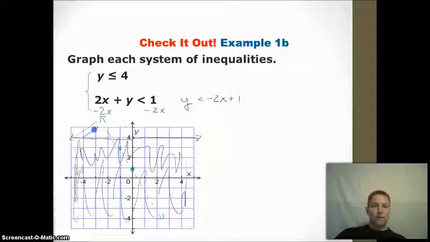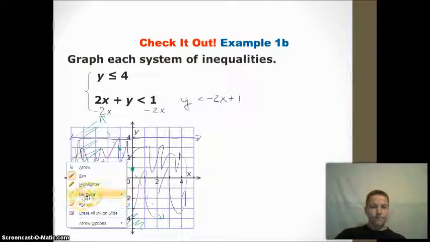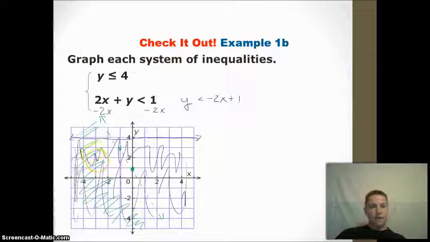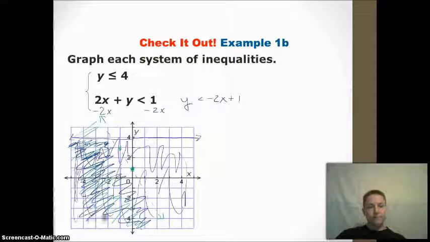So below, okay, blue, and up to this line here, and then shade below. So pretty significant answer here for my double shaded region. And there you go. Okay, now I think it's time for an application.